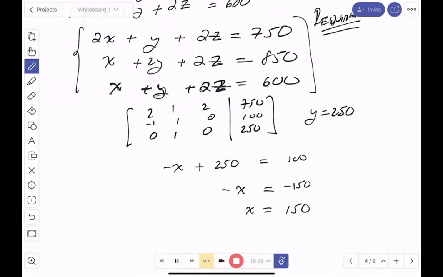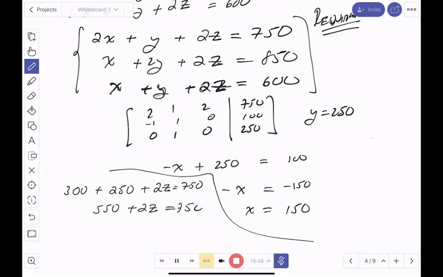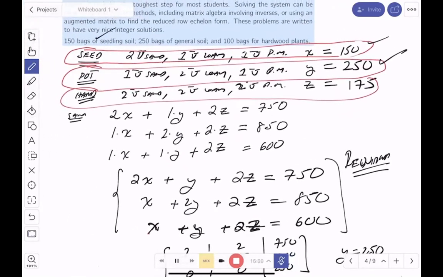The first row would be 2x's, which is 300, plus the y, which is 250, plus 2z's equals 750. That's going to give me 550 plus 2z equals 750. So 2z is 200, and z would be 100.